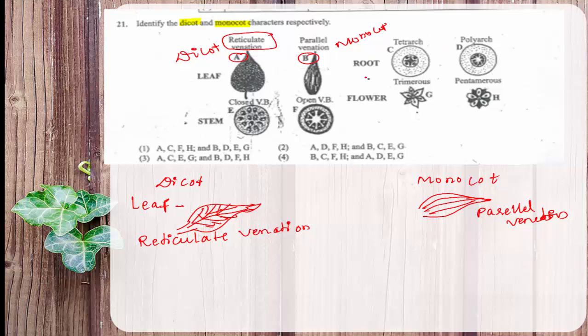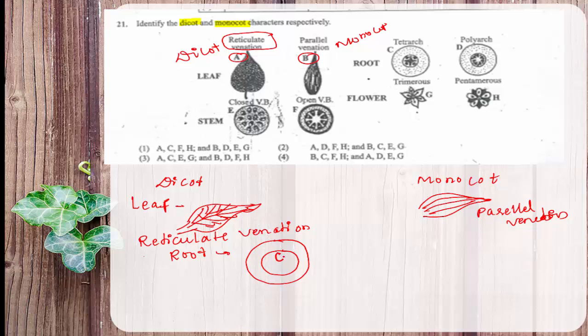With respect to root, in case of dicot root, the condition is, see, this is outermost layer called epiblema. This is endodermis, innermost layer.